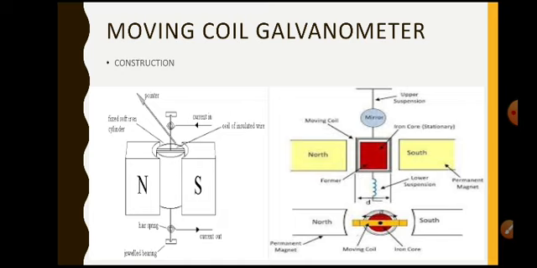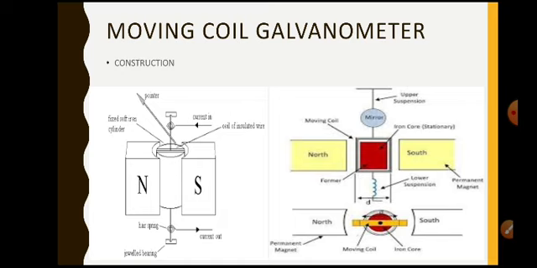We have a non-metallic cylinder placed inside this coil, and this coil is suspended with a phosphor bronze strip from a movable torsion head. The rectangular coil is placed between the horseshoe magnets.